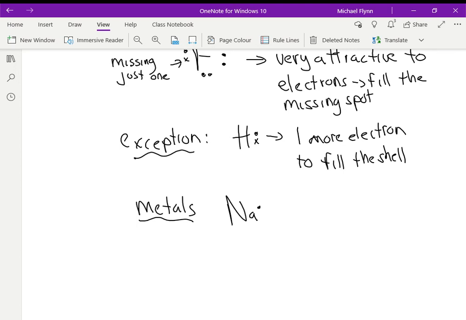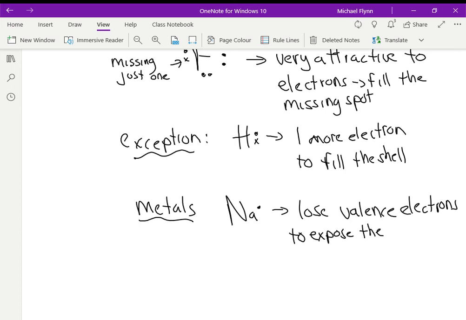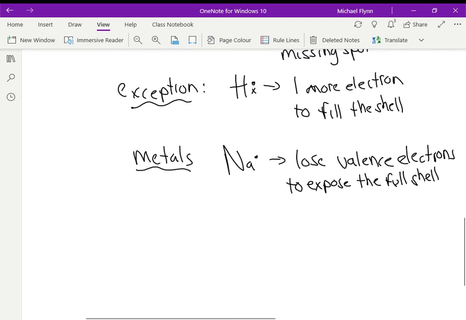Right? So what sodium does is it gets rid of its valence shell, and then the shell underneath the valence shell becomes the new valence shell, which is already full. Okay? So these will lose valence electrons, in this case just 1, to expose the full shell beneath.